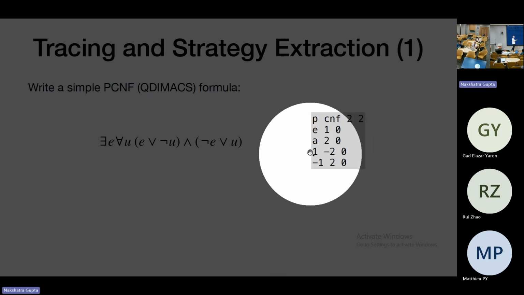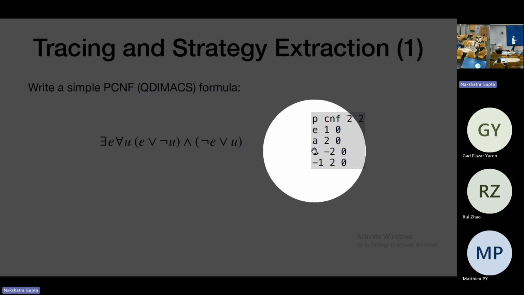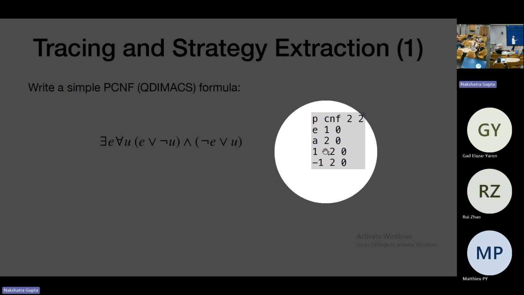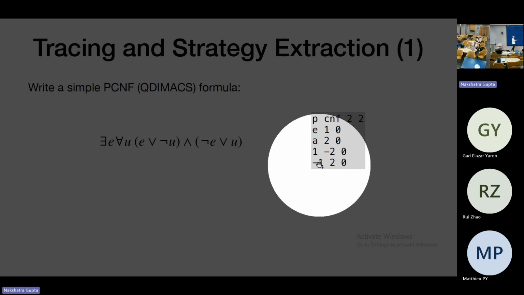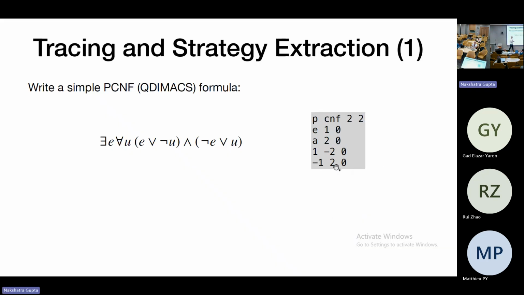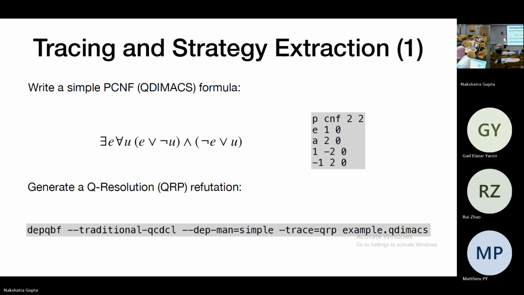And then you have these 2 clauses. So 1 and minus means negation, 1 or not 2, not 1 or 2. Okay? So that's this QBF as a QDIMACS file. And then you can use the solver to generate a refutation, essentially a Q-resolution refutation.